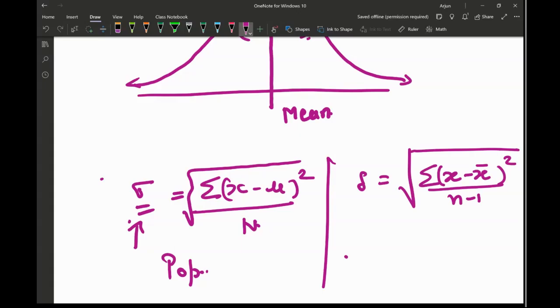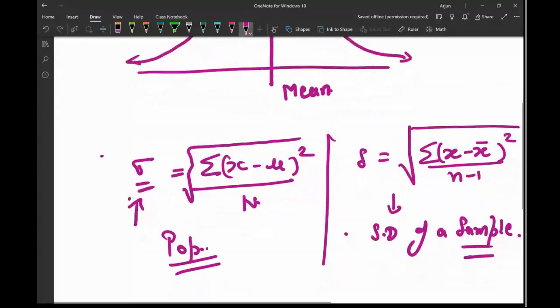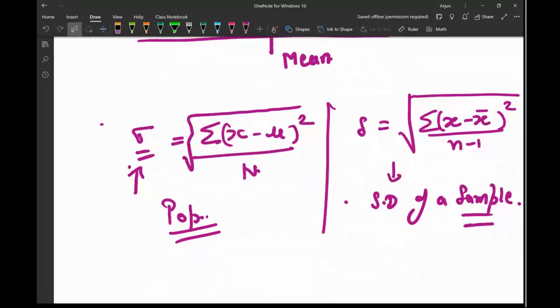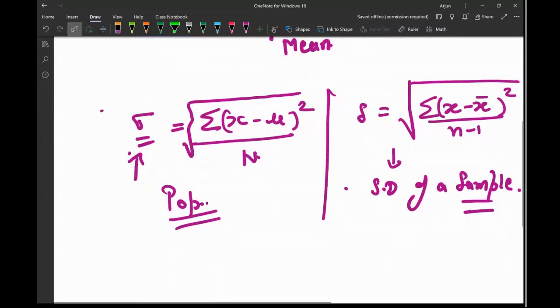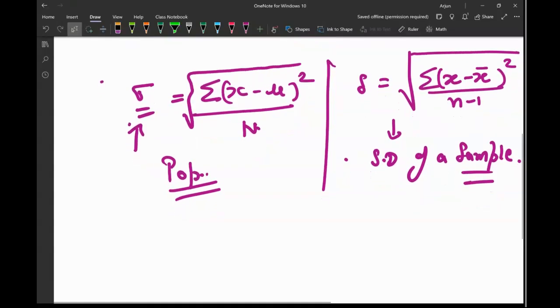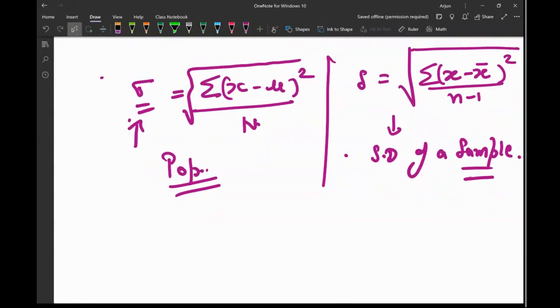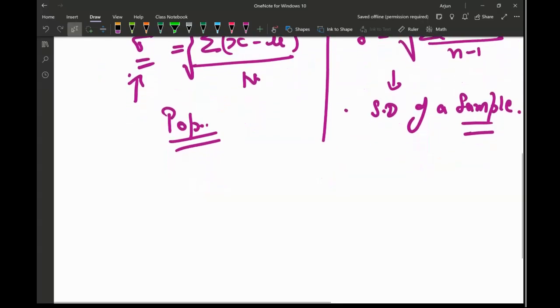This is the standard deviation of a sample. All right, what is the difference between population and sample? I talked about it in my previous video. If you don't know the difference, please go and watch that video. All right, now I'm going to take an example and try to calculate the standard deviation.